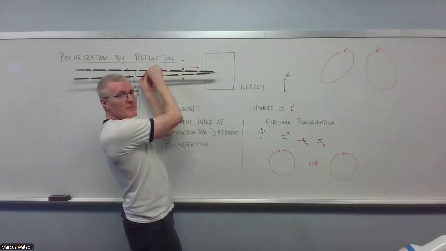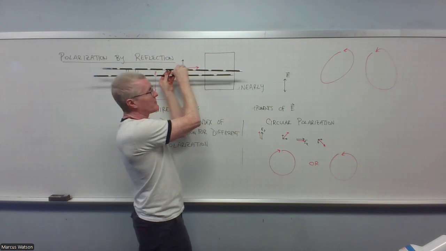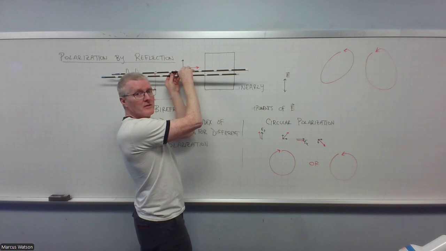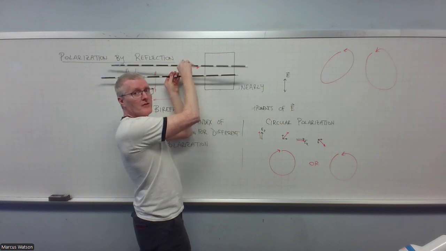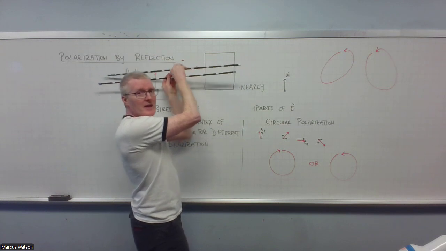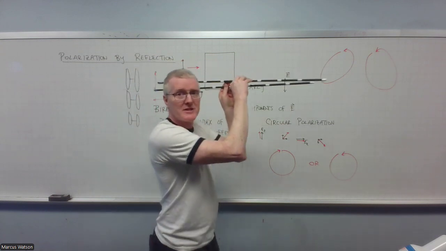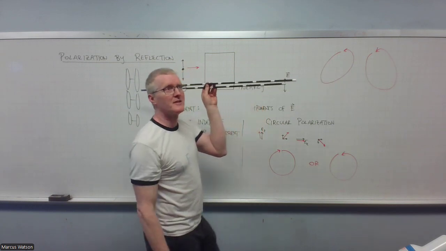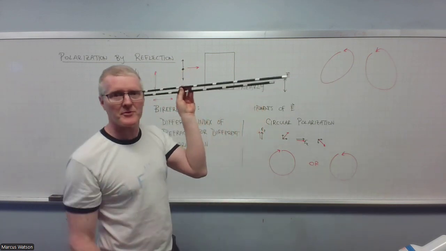They hit this, but this one travels slower, and then they come out. You see now that they're going to be out of phase. The upper one was vertically polarized, this one is horizontally polarized. There's a difference in the phase of the waves now. That's what I'm trying to say.